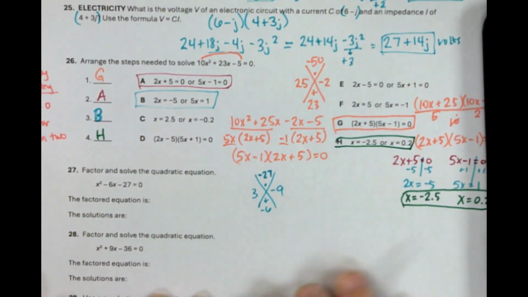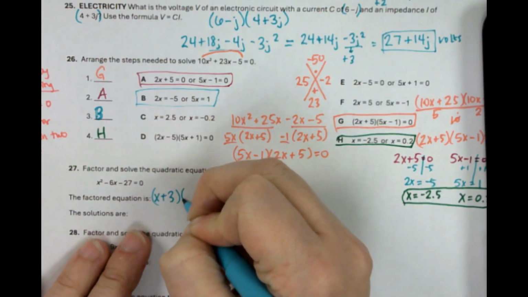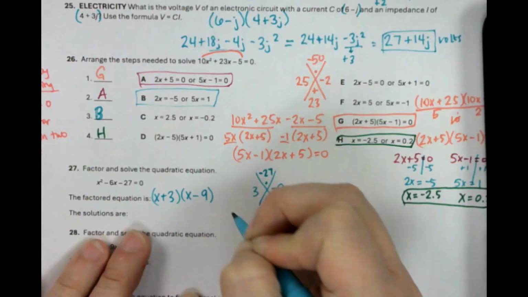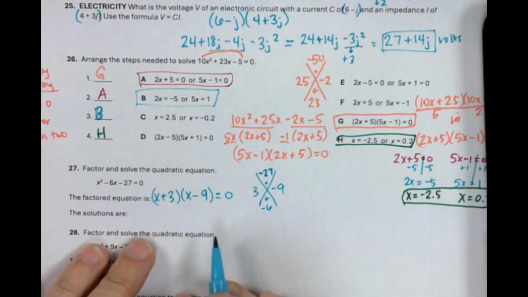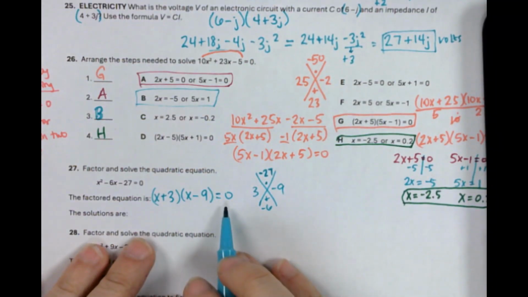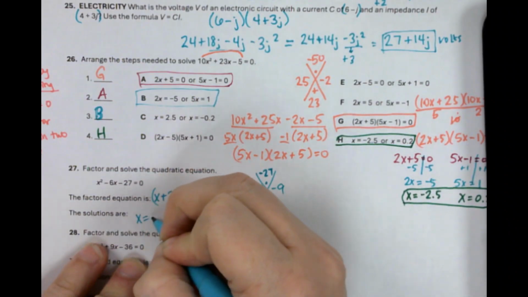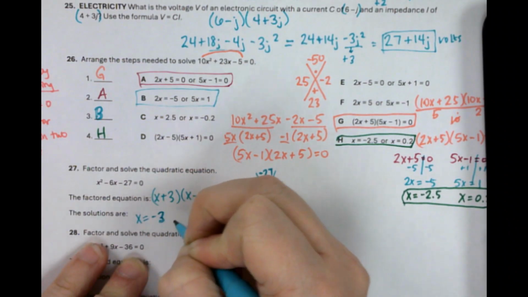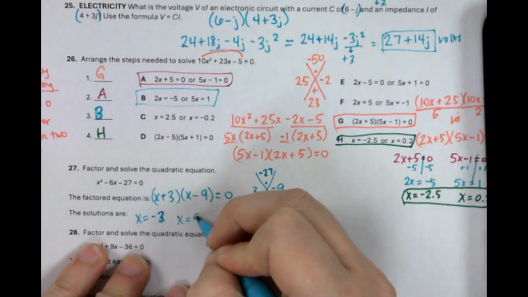That means my factored form is x plus 3, x minus 9 equals 0. And then my solutions are when we set each of these equal to 0. If we do x plus 3 equals 0, we subtract 3. We get x equals negative 3. X minus 9 equals 0, we add 9, we get x equals 9.